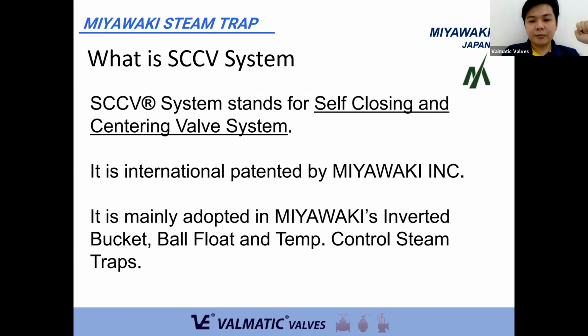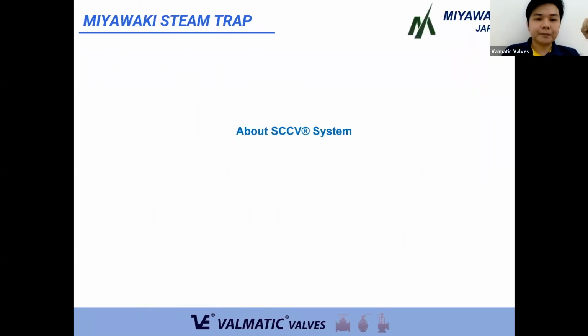It is internationally patented by MIYAWAKI, and it is mainly adapted in MIYAWAKI inverted bucket, bowl float, and temperature control steam traps. You can see this SCCV is adopted in many steam trap designs in MIYAWAKI. Later on, I will go into how the MIYAWAKI steam trap benefits from this SCCV system.